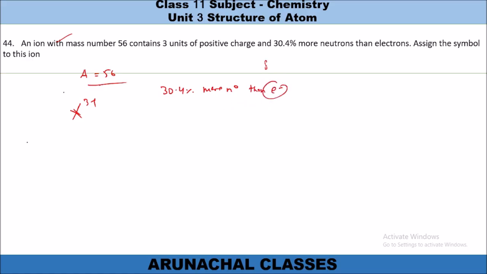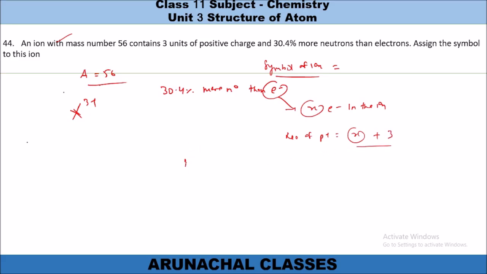We have to give the symbol of the ion. So how many electrons are there? Let there be x electrons in the ion. Then the number of protons will be x plus 3.